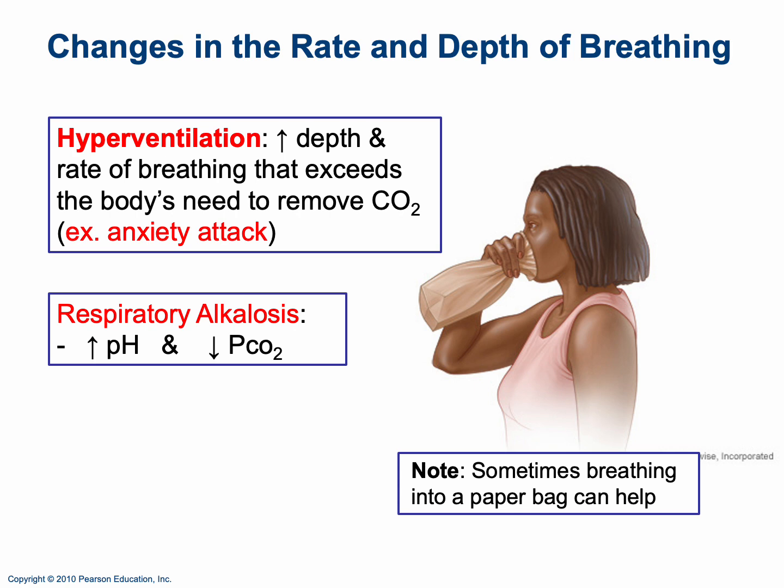All right, so hyperventilation. We've talked about this a little bit, and here we're going to look at it again. So when we look at hyperventilation, that's when there's an increase in the depth of your breathing, the overall respiratory rate, that exceeds the body's need to remove carbon dioxide gas, because your exhalation is very, very fast, and that's faster than the inhalation.